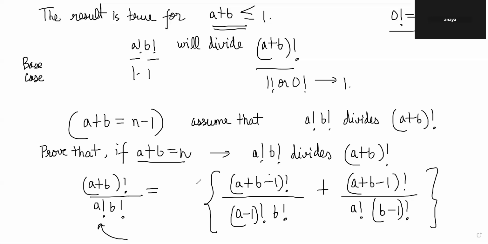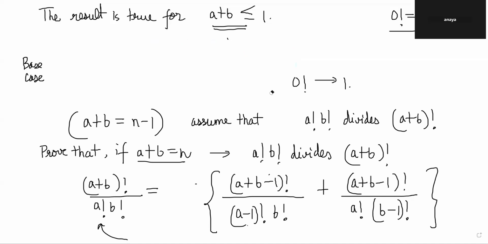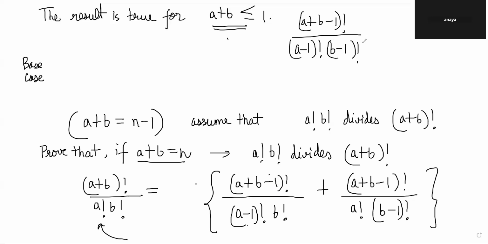So you can take this common, right? The numerator is common, you are getting 1 by this plus 1 by this. Let's see what happens when we simplify. Actually, other things also can be taken common. You can take a plus b minus 1 factorial by a minus 1 factorial b minus 1 factorial common, and inside you will have 1 by b plus 1 by a, right?